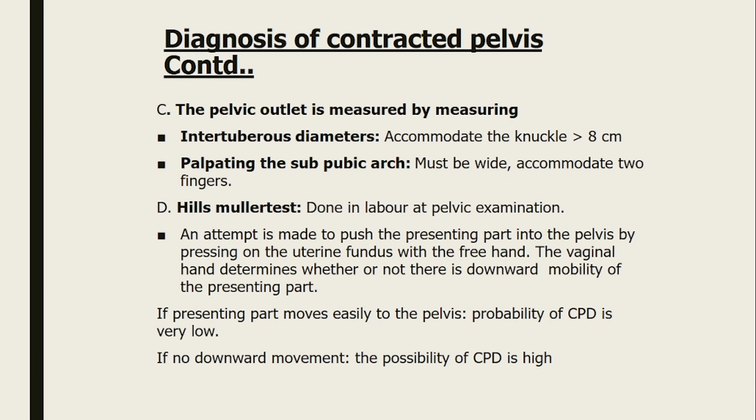In labor, there is something we call the Hillis-Muller test. We only do that when a patient is in labor, at pelvic examination. When the woman comes in labor and you are suspecting a contracted pelvis, the accoucheur or the physician puts his left hand on the fundus of the patient, while the right hand is in the vagina.